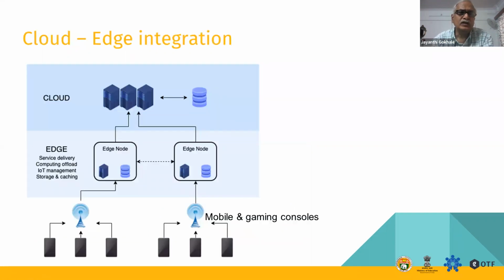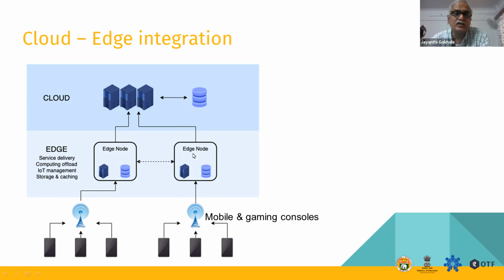When you talk about the gaming scenario which I spoke about earlier on, once again you have a 3-layer architecture. Right at the bottom, you have the devices which try to consume the data, and they connect over to the so-called access points, which are 5G enabled access points, and they reach out to information, both content as well as processing, on an infrastructure called an edge node infrastructure.